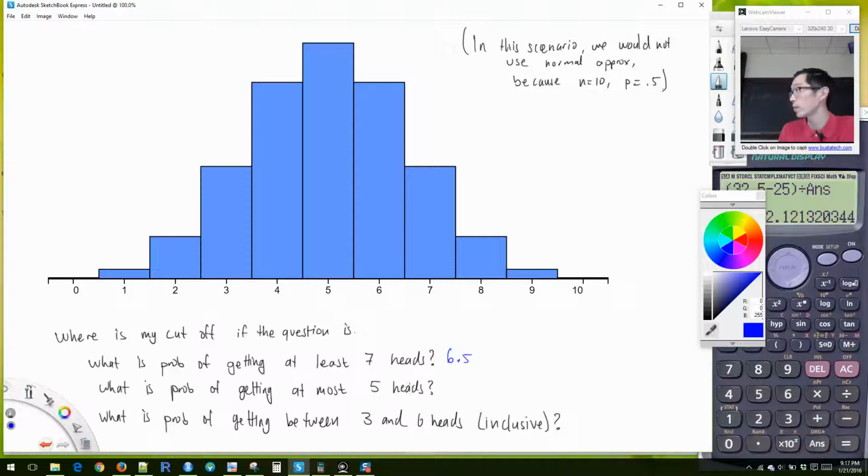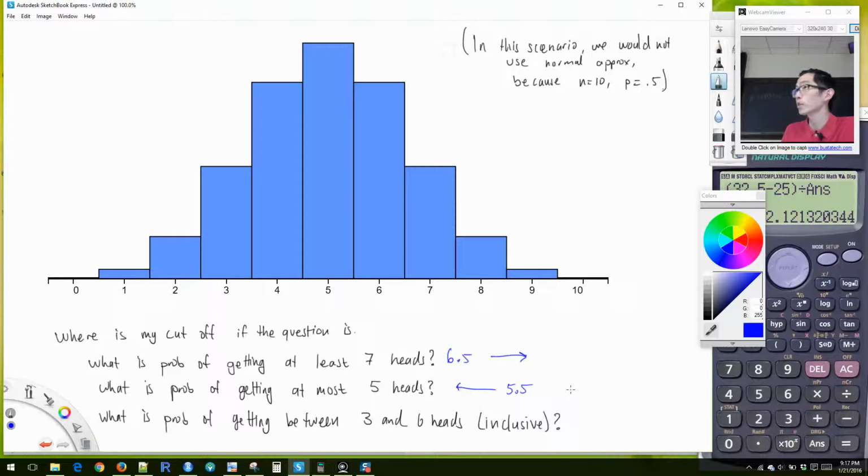That means up to and including 5, so my cutoff would be 5.5, and I would take the area to the left.